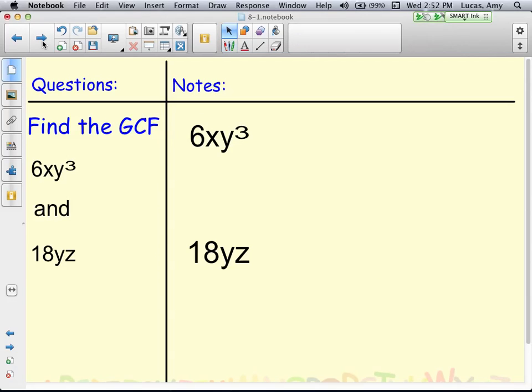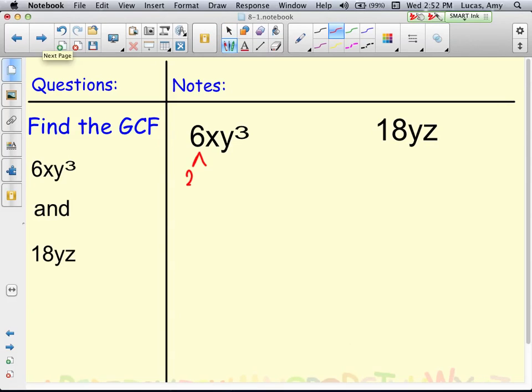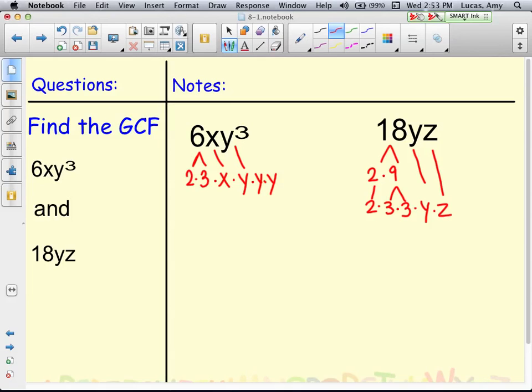Okay, the next one, 6xy to the third, 2 times 3 times x, and then 3 y's, and 18, 2 times 9, 9 is 3 times 3, times y, times z.